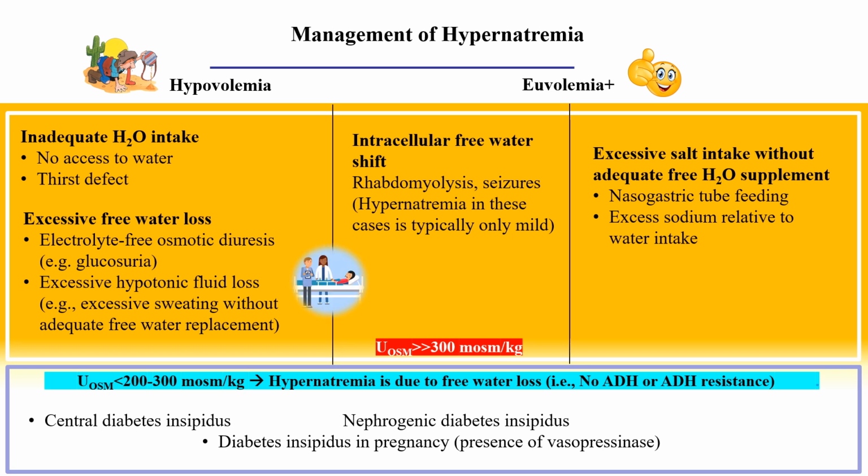For example, if water is lost due to osmotic diuresis from hyperglycemia in patients with uncontrolled diabetes mellitus, provide insulin. In patients with central diabetes insipidus, provide DDAVP, the synthetic analog of vasopressin.